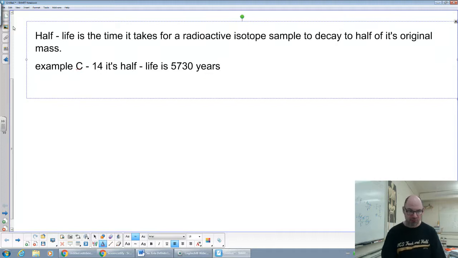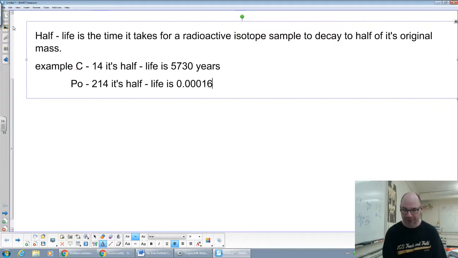But if we take polonium-214, its half-life is 0.00016 seconds.